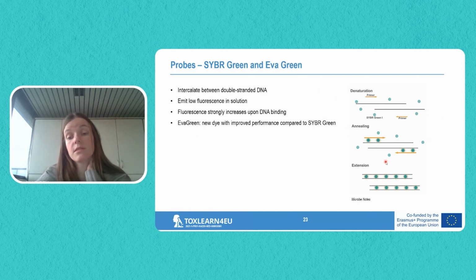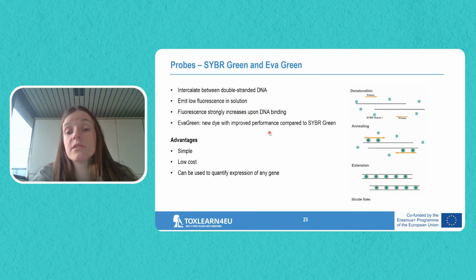Then you can see that the SYBR Green molecules will intercalate between the two strands and they will emit fluorescence. This fluorescence is then monitored in real time during the qPCR reaction. EvaGreen is a similar dye, but it's relatively new and it has improved performance compared to SYBR Green. But the working principle is basically the same.